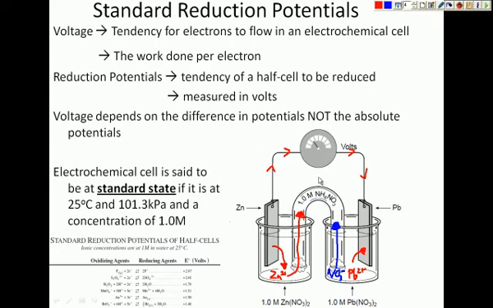So again, electrons traveling through the wire makes volts, or electricity. Now, what are volts, or voltage? Well, volts are the work done per electron. So it is not the amount of electrons that go through, it is how much work each electron that travels through this wire can do.